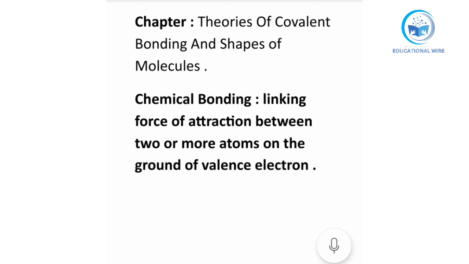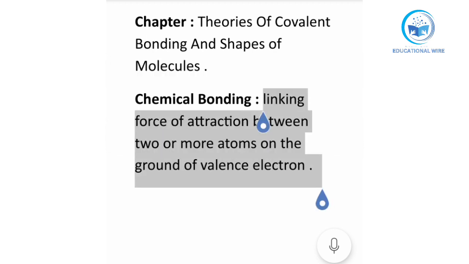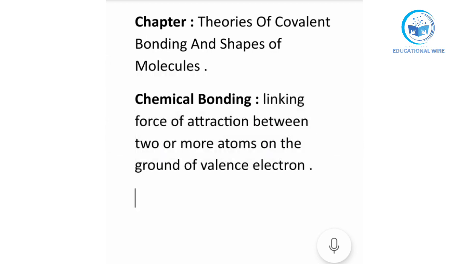Okay, means the linking force of attraction between two or more atoms on the ground of valence electron. How? Like their linkages of the electron means attraction, repulsion, giving and taking, sharing of electron is called chemical bonding.